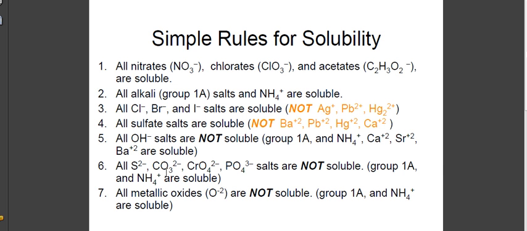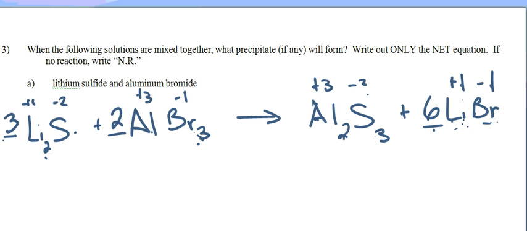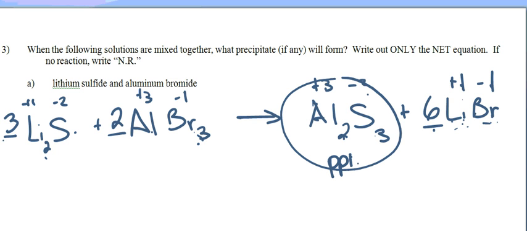Looking at aluminum, aluminum is not in group 1A, nor is it ammonium. So that means it forms a precipitate. So we can circle that and say, hey, we got a PPT here. Lithium bromide, we have a group 1A metal, so we already know that that's going to be soluble. Don't even worry about going any further.